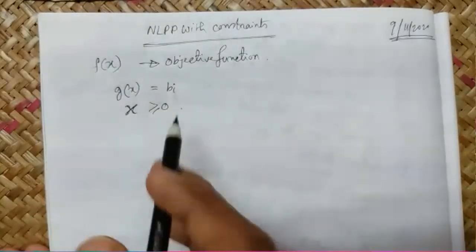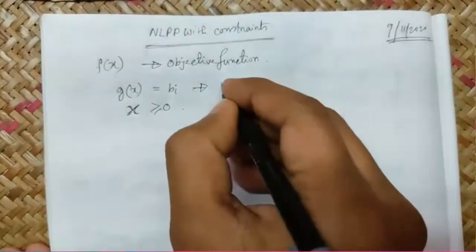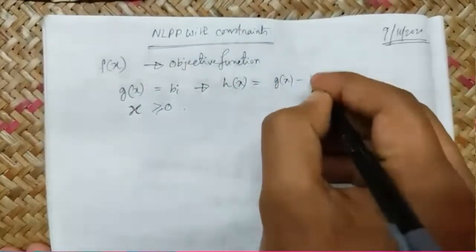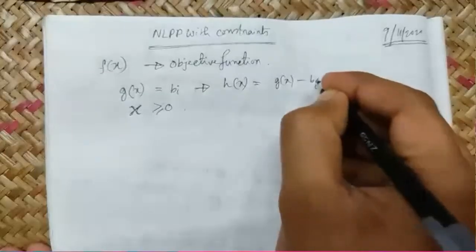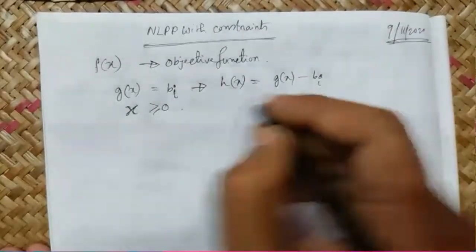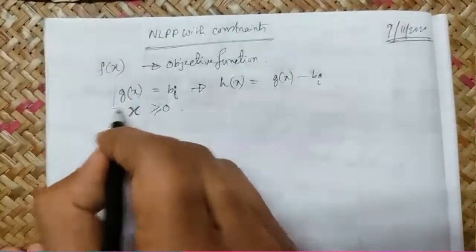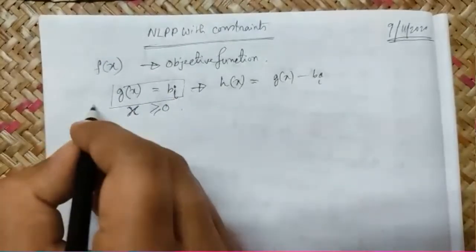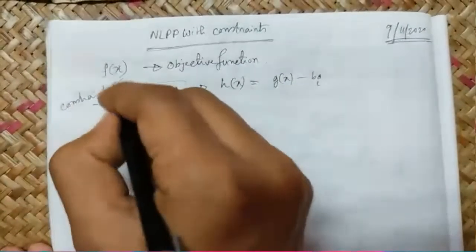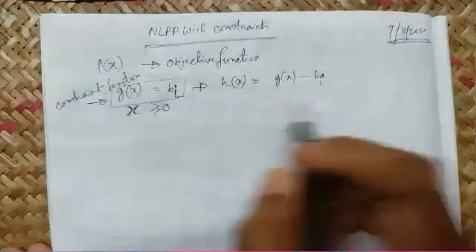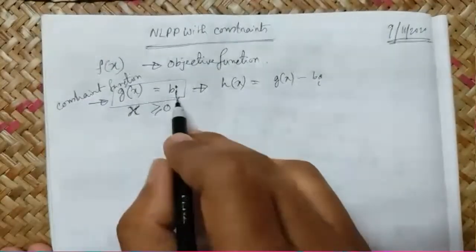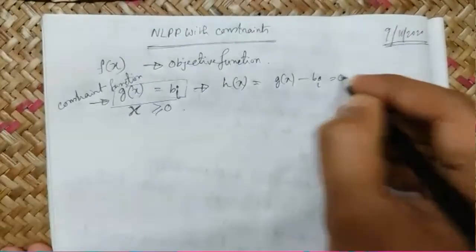Constraints. So there is another function which we can write as h(x) equal to g(x) minus b_i. Okay, so we are converting this g(x) equal to b_i. This is our constraint function, and we are rewriting this as g(x) minus b_i will be equal to 0.